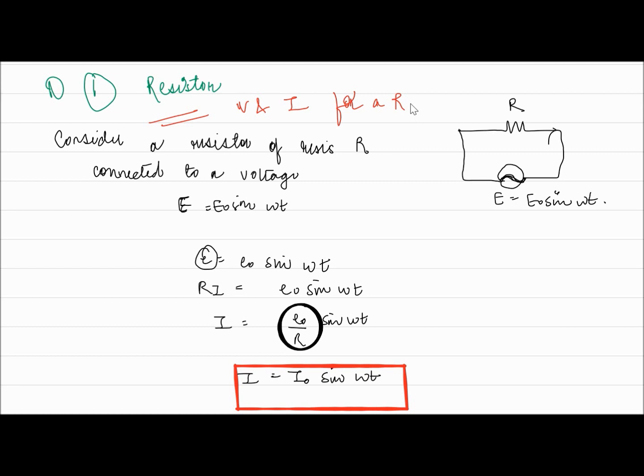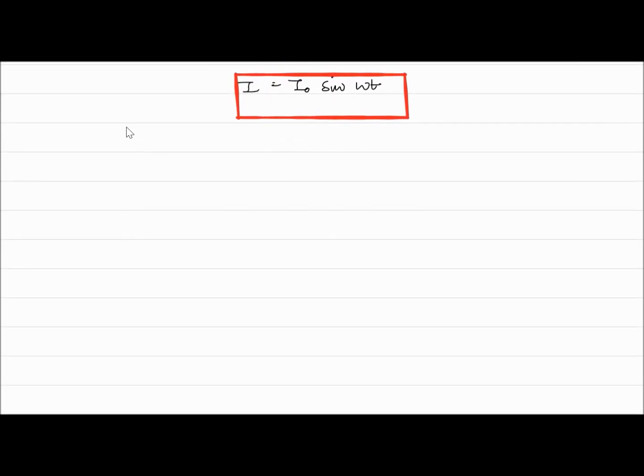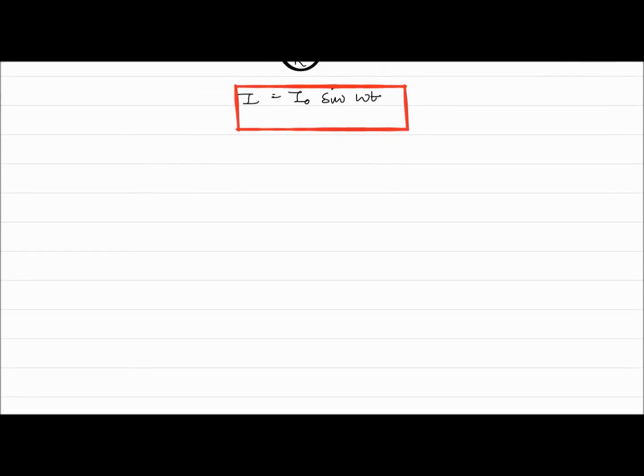So next we'll do the derivation for the relation between V and I for a capacitor. Second, capacitor. So same assumptions.